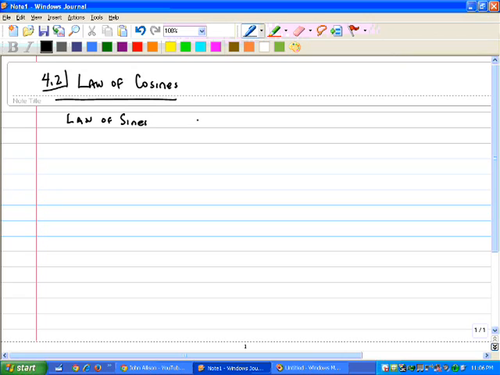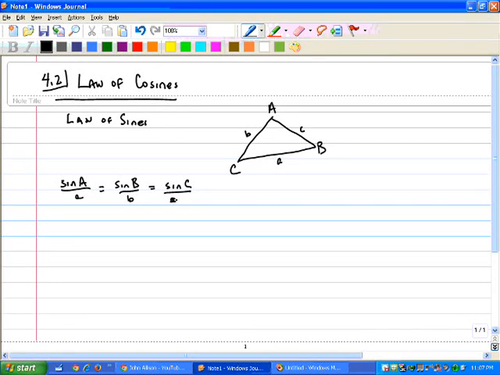The law of sines said that for a triangle ABC, where vertices and opposite sides are labeled with corresponding capital and small letters, the sine of angle A over side a is equal to the sine of angle B over side b, which is equal to the sine of angle C over side c.